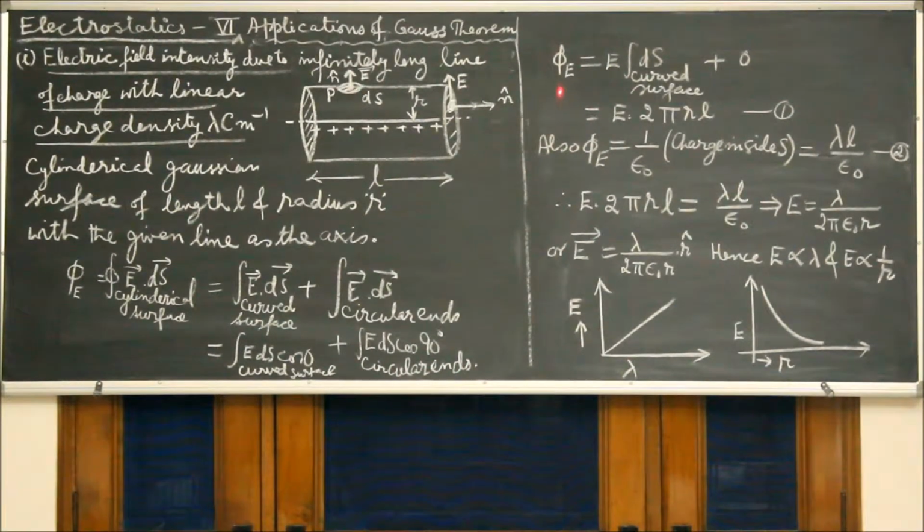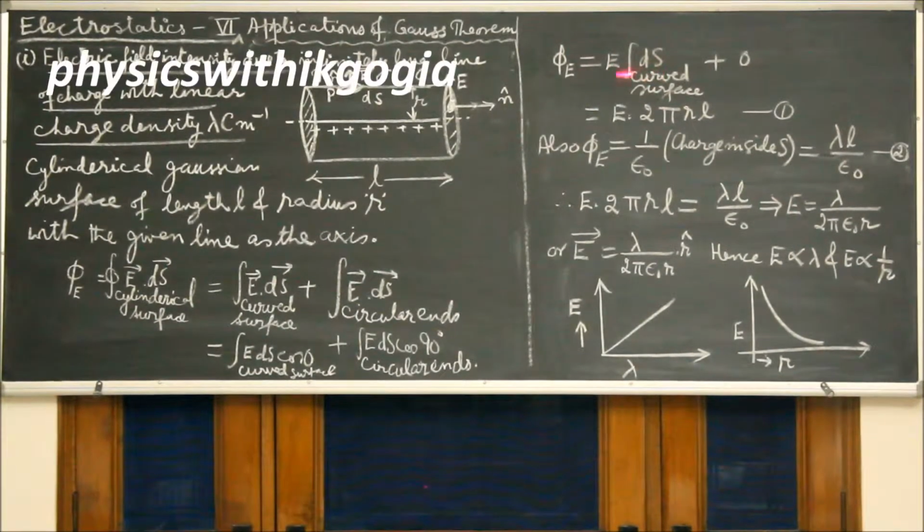Therefore, phi E, the electric flux, is E integral ds because E is uniform throughout the curved surface. The E you can take out of the integral. E integral ds over the entire curved surface plus 0, because cos 90 is 0 for the circular ends. That is, in this case the circular ends do not contribute to the flux.